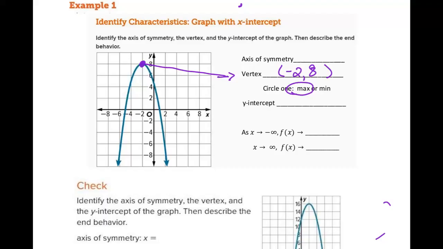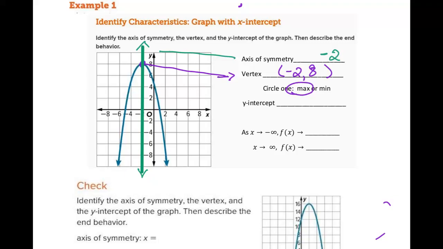All right. Sakia, you got this. The axis of symmetry is a line that goes through that point right here. What is my axis of symmetry? Yes, there's a little bit more to it because it's an equation.